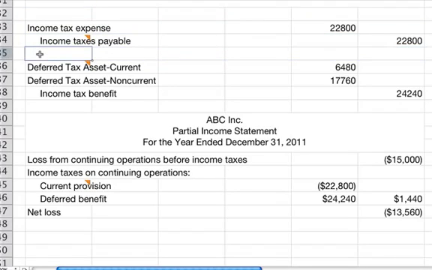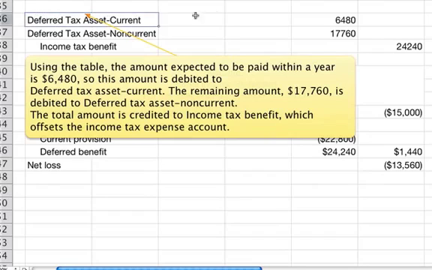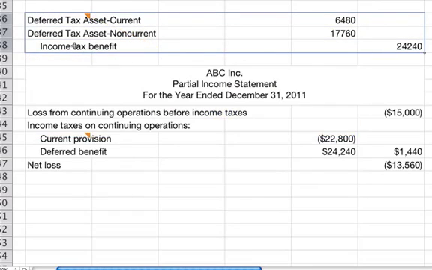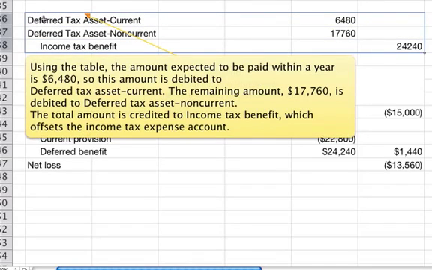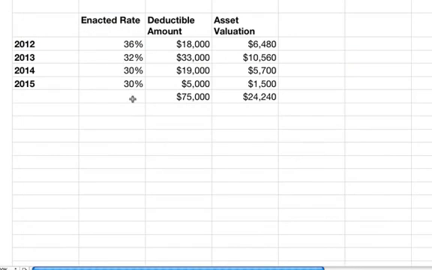Then, if you look at this entry right here, you have a deferred tax asset current and a deferred tax asset non-current, and the income tax benefit for $24,240. So the way we get these numbers, if you use the table, and we will go to this table right here.